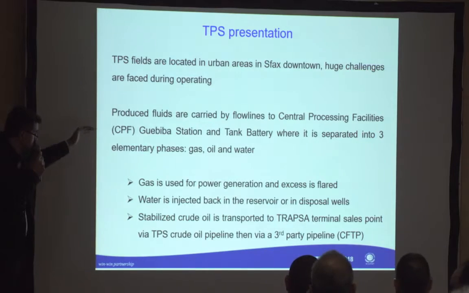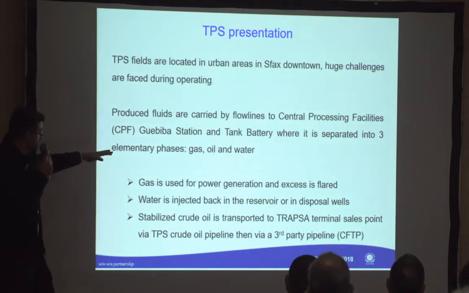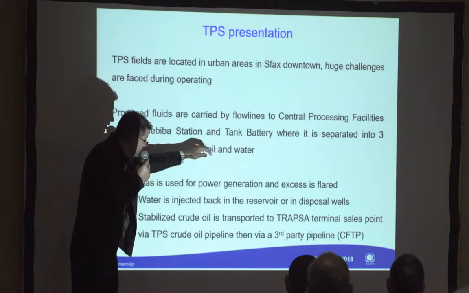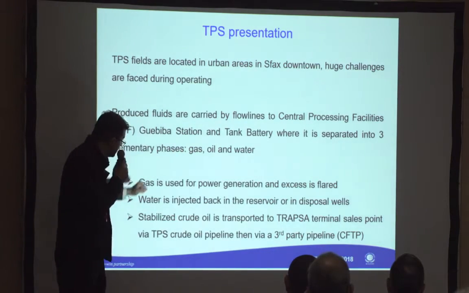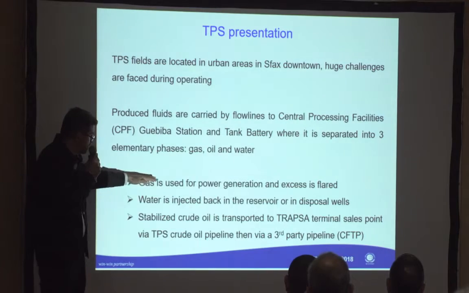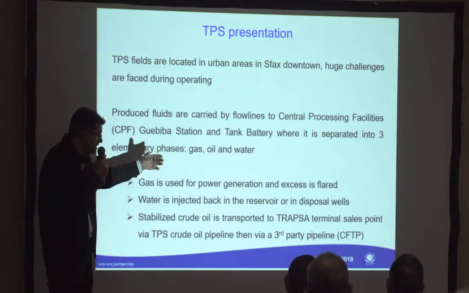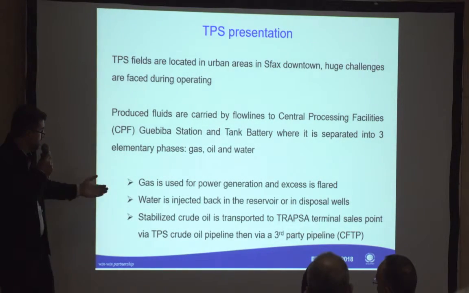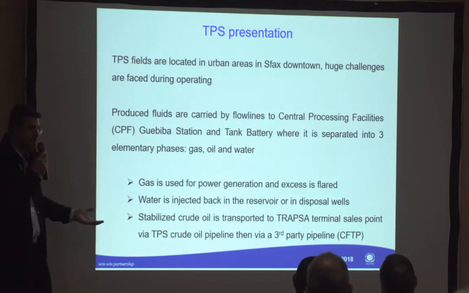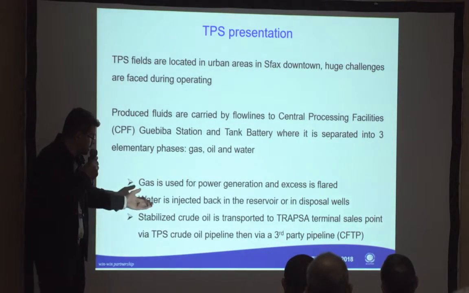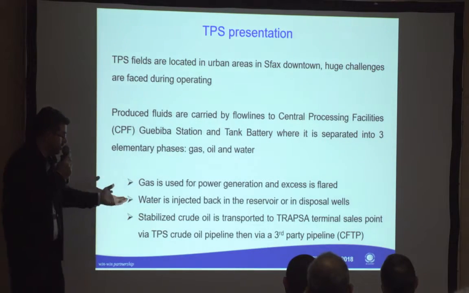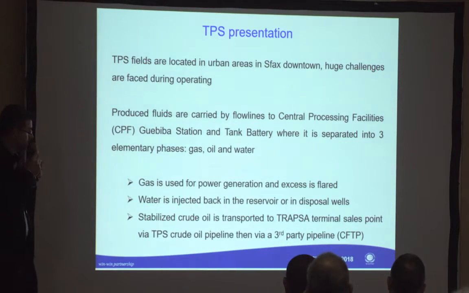All these produced fluids are separated into elementary phases, which are gas, oil, and water, at Gbiba station and tank battery. The gas currently is used for power generation and the excess is flared. The water is injected back in the reservoir or in disposal wells. And the stabilized crude oil is transferred to Trapsa, which is the sale point.